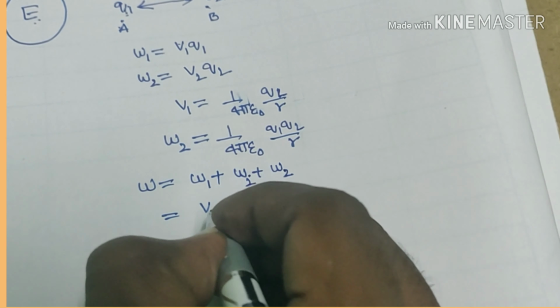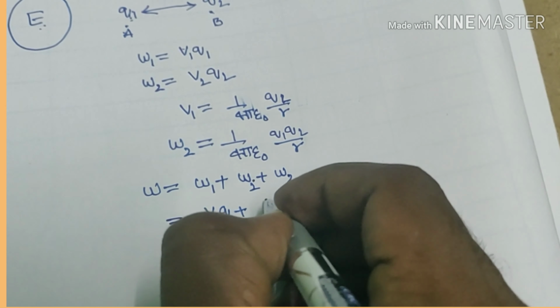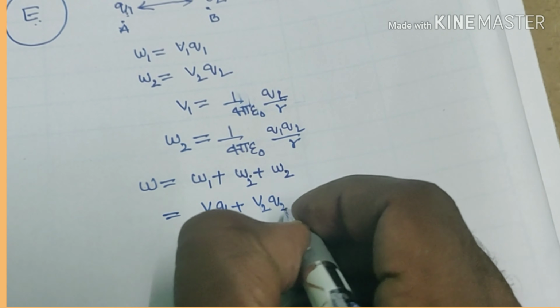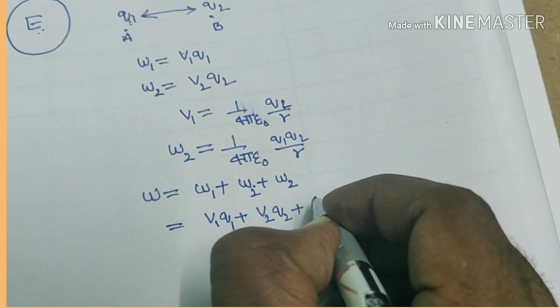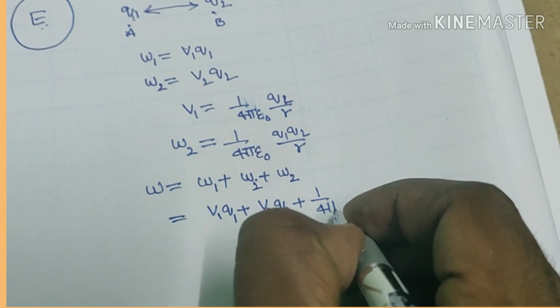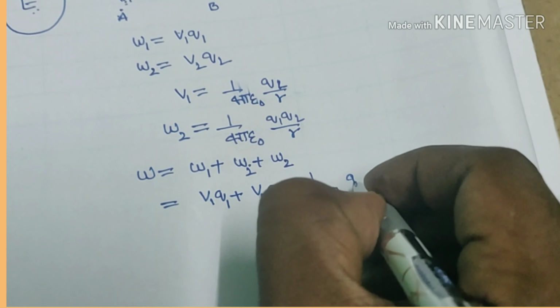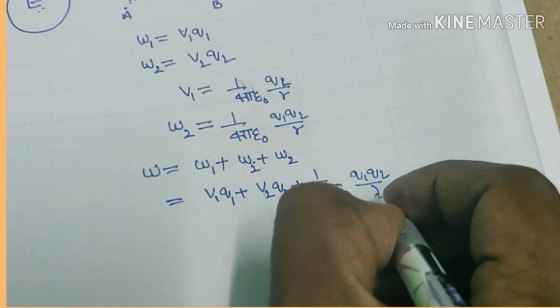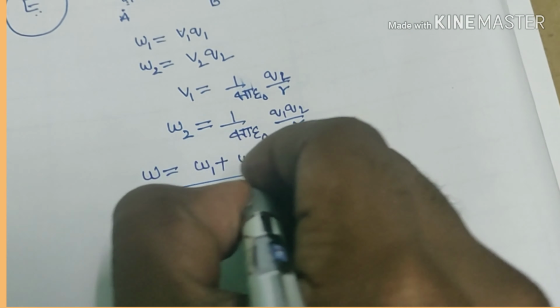Now W equals V1 Q1 plus V2 Q2 plus 1 by 4 pi epsilon naught Q1 Q2 by R. This is the work done.